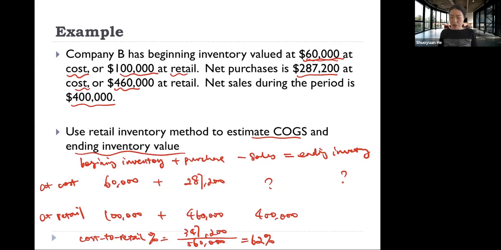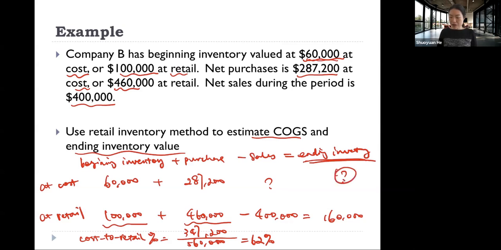And step two is we need to calculate the ending inventory at retail. And how do we know this number? We know the beginning inventory at retail, we know the purchase at retail, we know our current period sales. So our ending inventory at retail is 160,000. And then the next step, step 3, is we need to estimate the cost of the ending inventory.